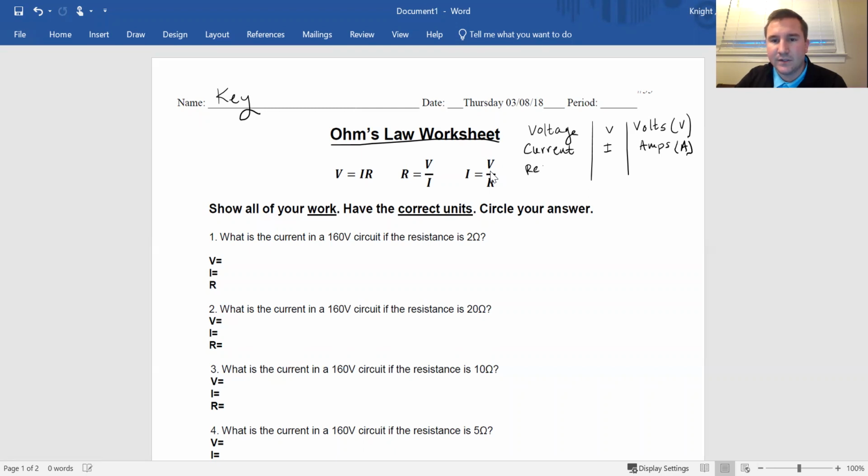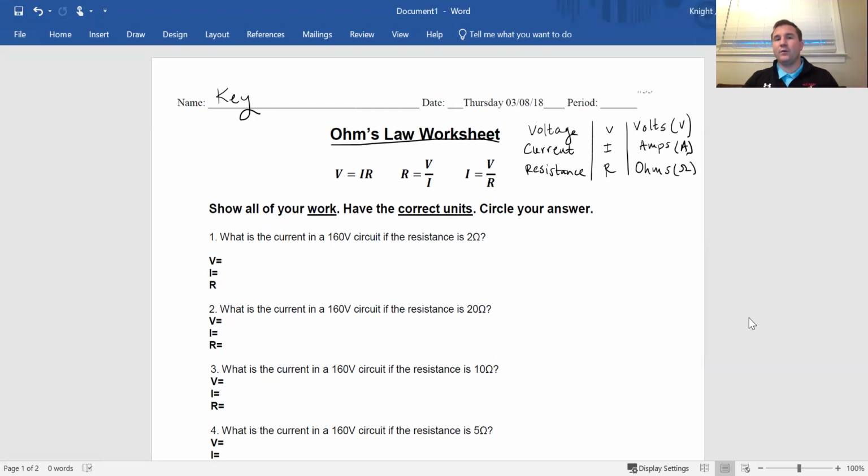And resistance is R, measured in ohms, which is an upside down horseshoe.